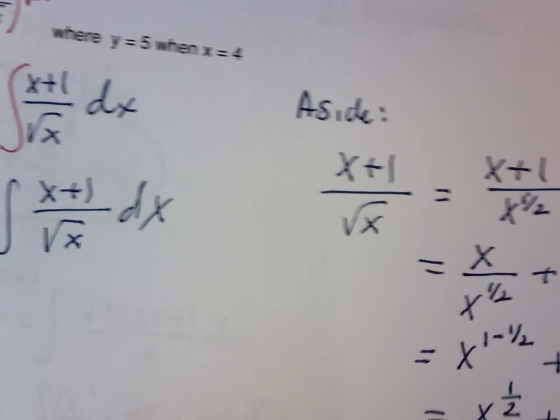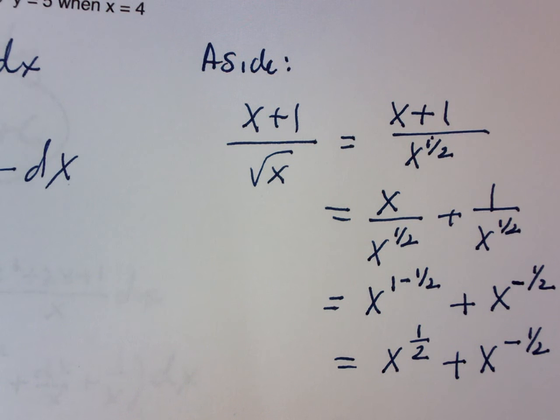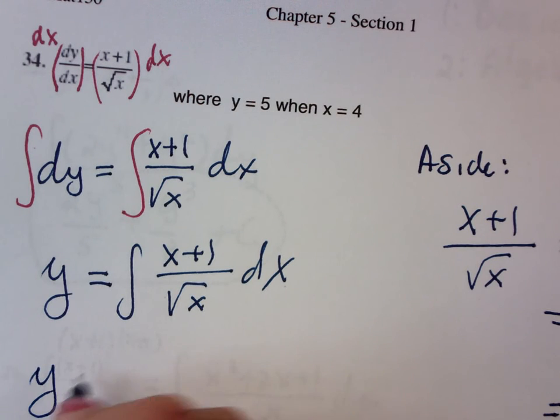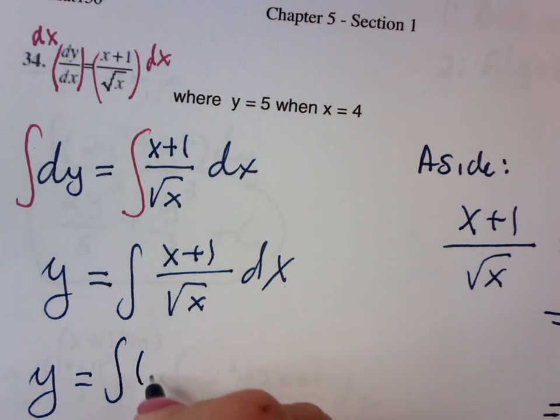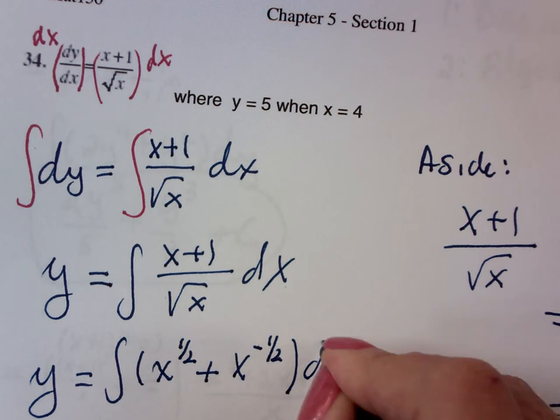So that says I can replace that integrand by x to the 1/2 plus x to the minus 1/2. So that's going to be your algebra: x to the 1/2 plus x to the minus 1/2 dx.